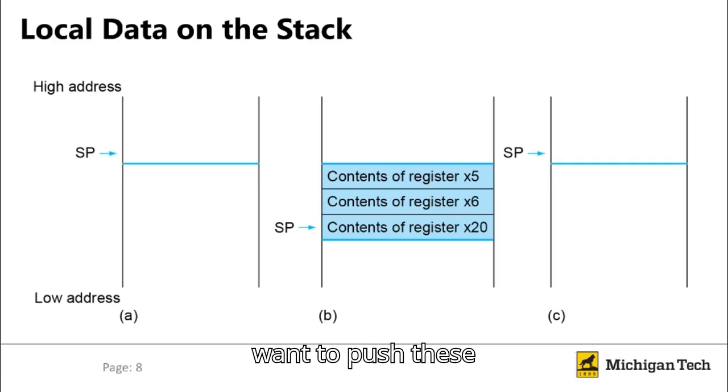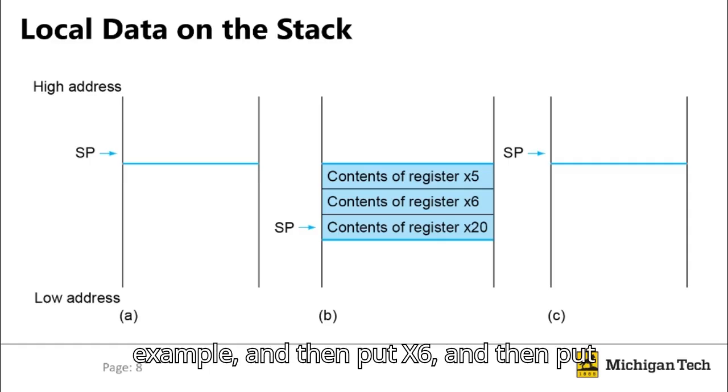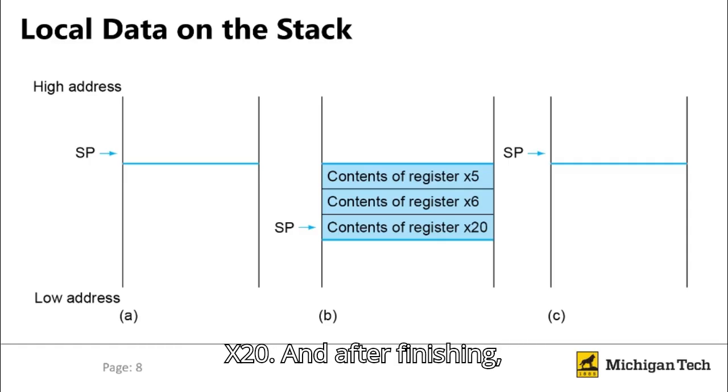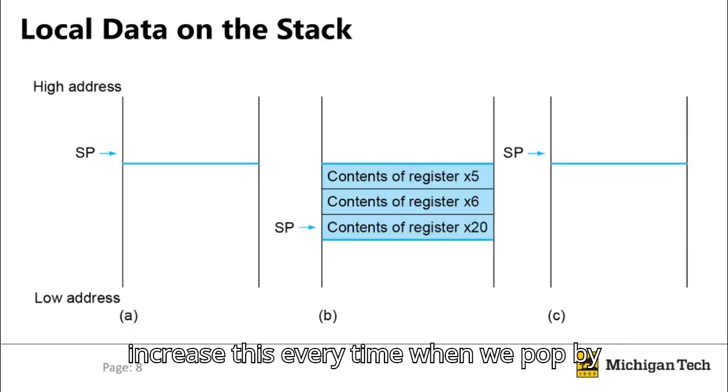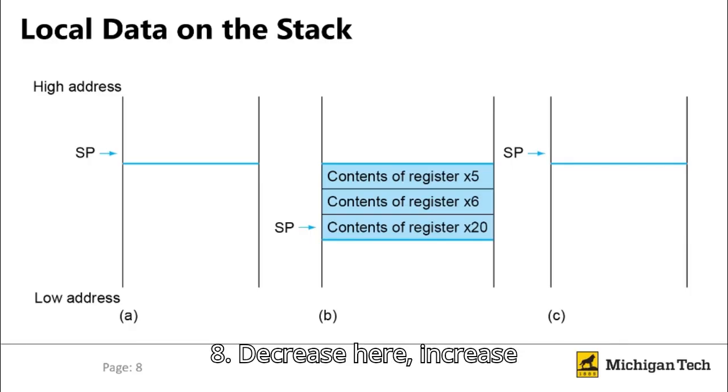When you want to push these three registers, first you decrease this by 8 to point here and then put x5, for example, and then put x6, and then put x20. And after finishing, we start popping. When we pop them, every time we pop we increase this by 8. Decrease here, increase there. That's a push and pop.